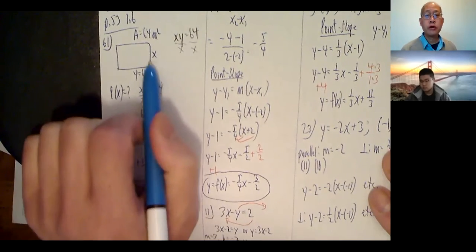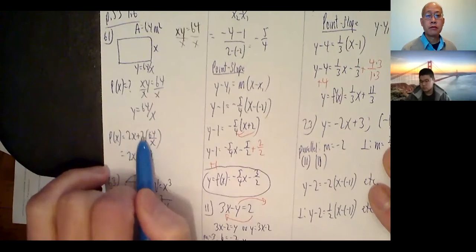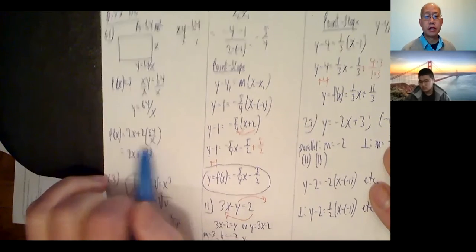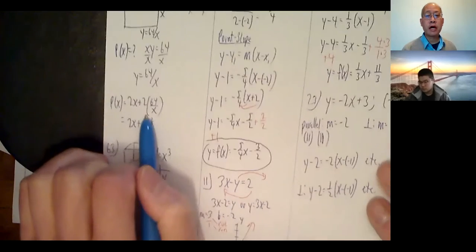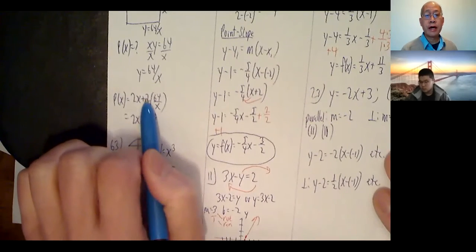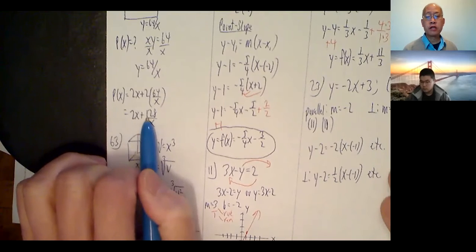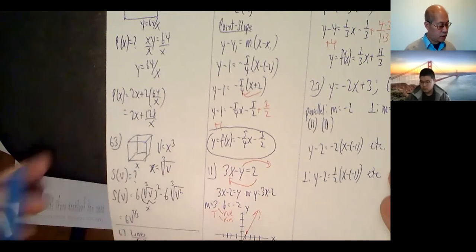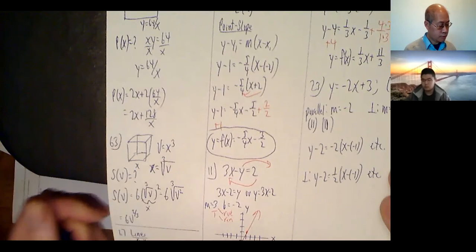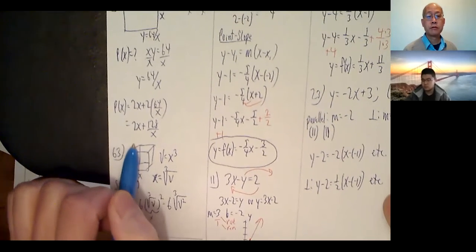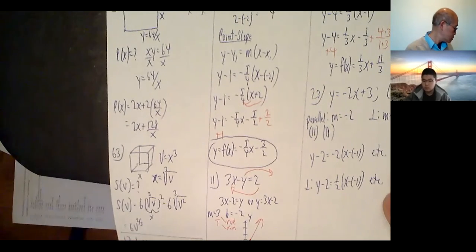So I have 2x plus 2y, but y is 64 over x. So 2x plus 2 times 64 over x. And 2 times 64 is 128. So final answer is 2x plus 128 over x. So that's what I want. So this is my final answer. 2x plus 128 over x.